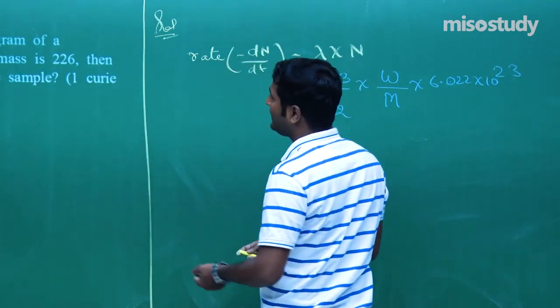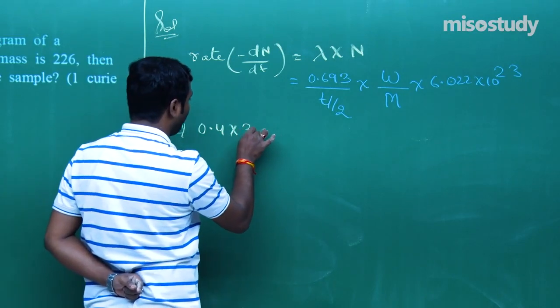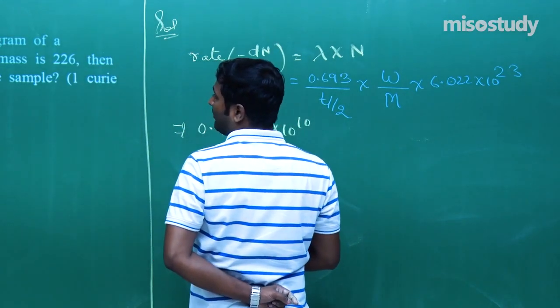Now what is the rate given here? 0.4 curie, that is 0.4 into 3.7 into 10 to the power 10 disintegrations per second.